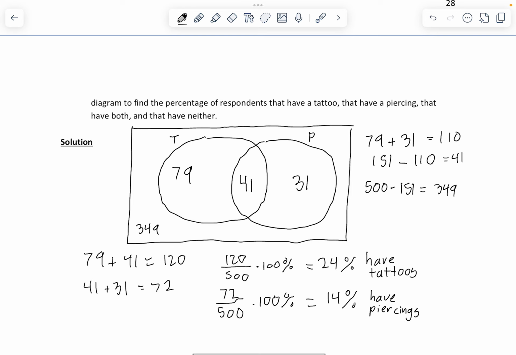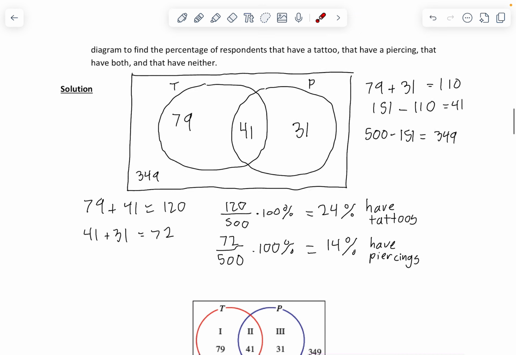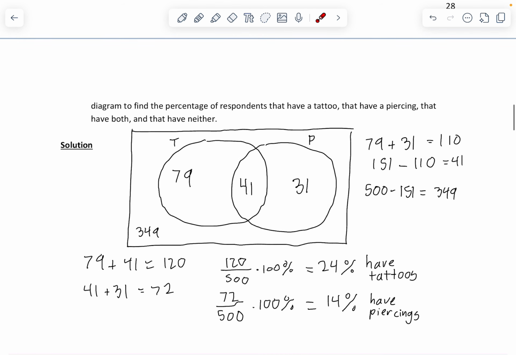Okay, then it says to figure out the percentage that have both. Well, from the diagram, I can see that 41 have both, right? So as a percentage, 41 out of 500 times 100%.